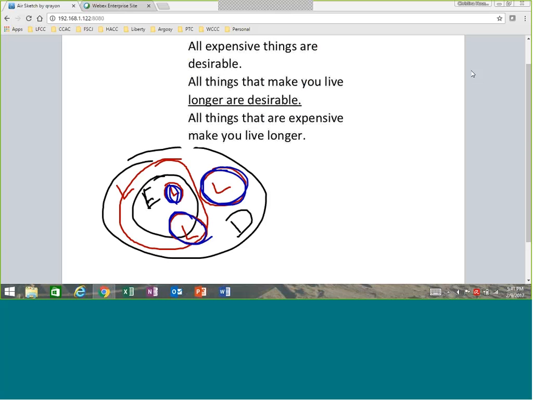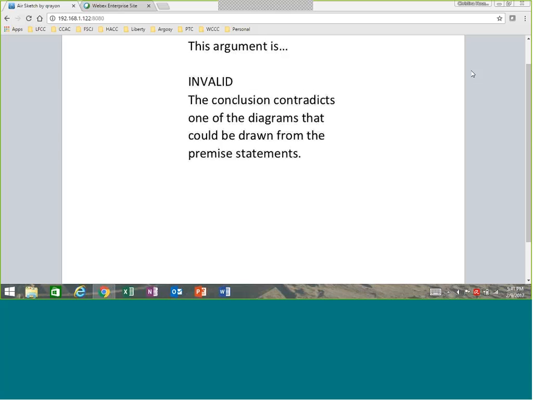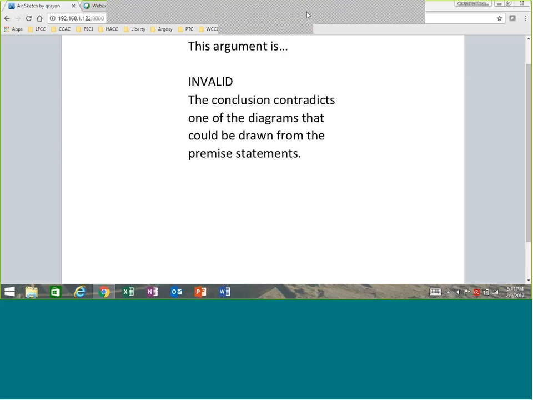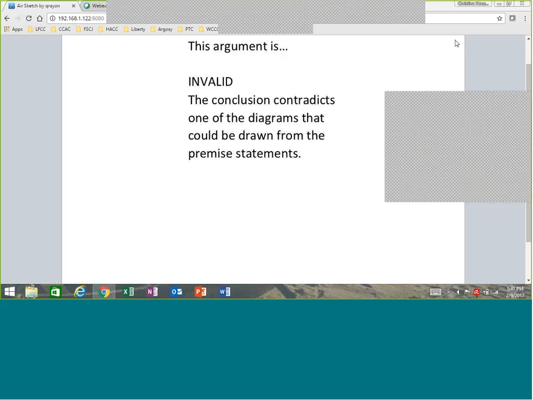All things that are expensive make you live longer is one of the ones I didn't draw initially, but that is another way you can draw it. So when you're drawing all the possibilities, try to think of all the different ways that those two circles, the L and the E, could interact, as long as they're both inside the desirable circle. Okay, so that particular example was invalid.